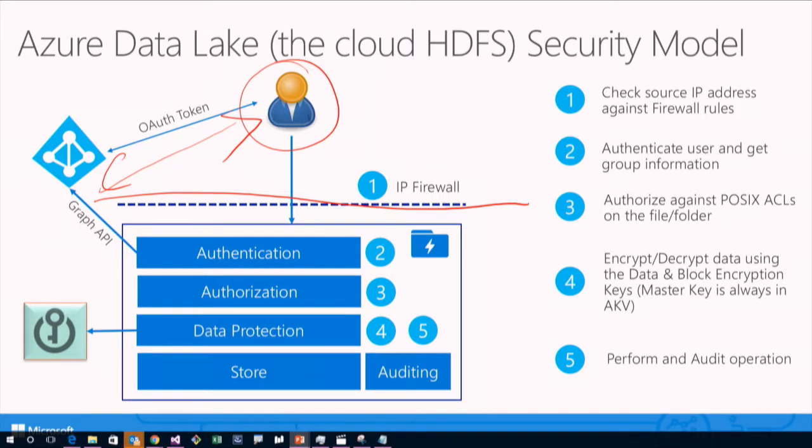But here, we are still on OAuth, and we are doing authorizations on the basis of this. Now, once we've determined that this particular user has access or belongs to a security group that has access to the resources he or she is requesting, we then get into the third layer of data protection.